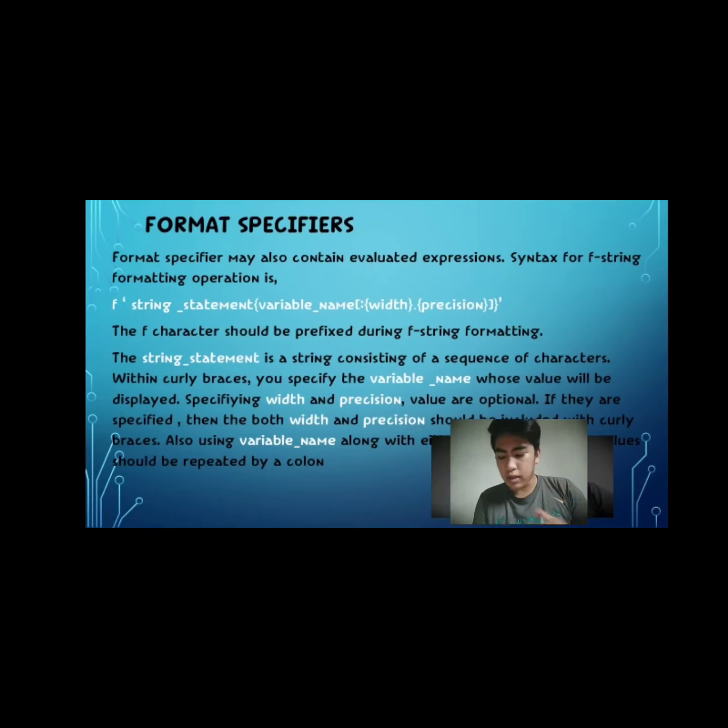In this statement is a string consisting of a sequence of characters. Within curly braces, you specify the variable name whose value will be displayed. Specifying width and precision values is optional. If they are specified, then both width and precision should be enclosed within curly braces. Also, the variable name along with the width or precision values should be separated by a colon.